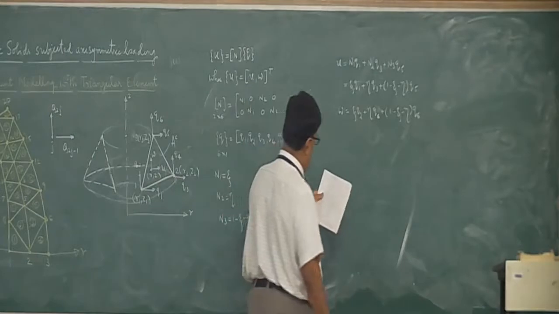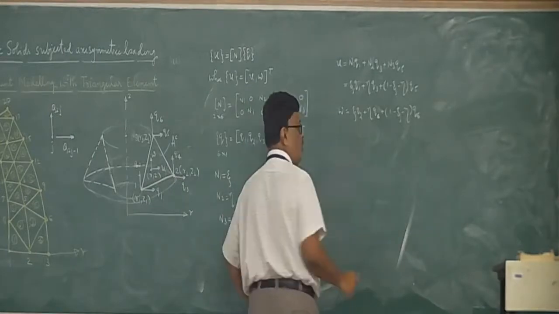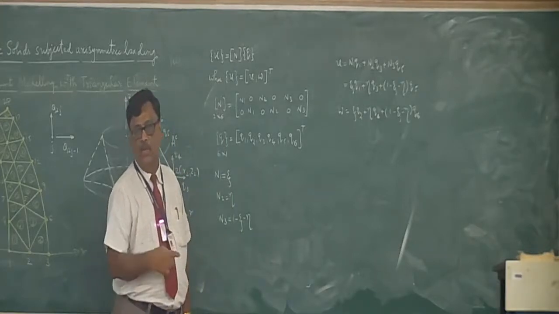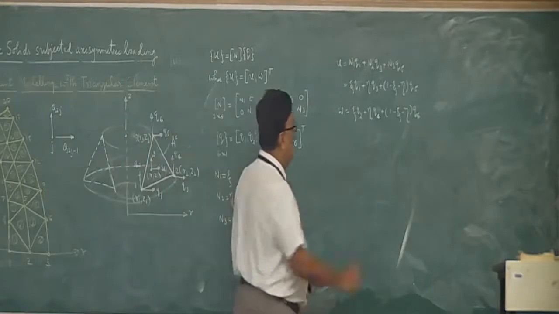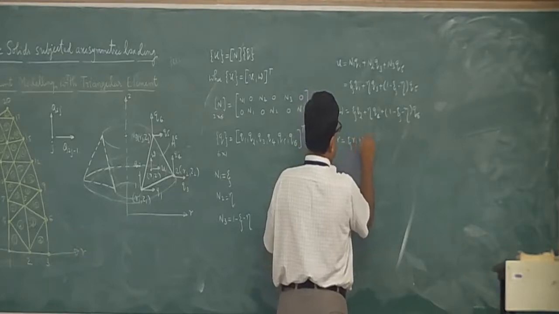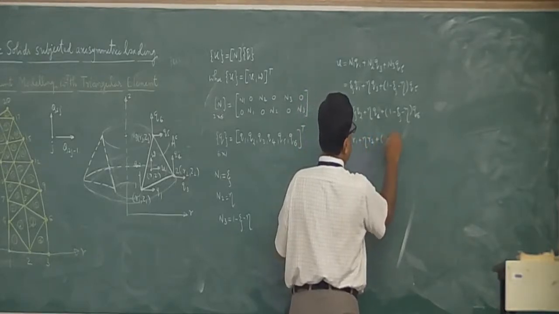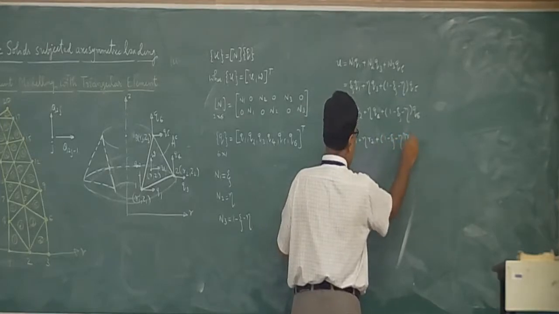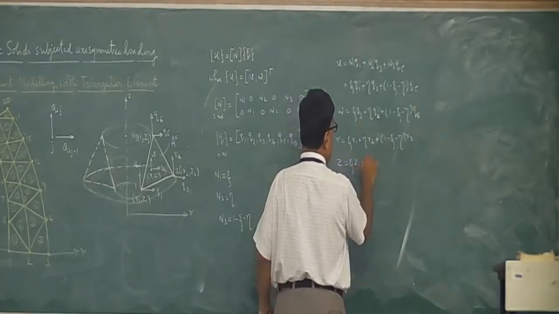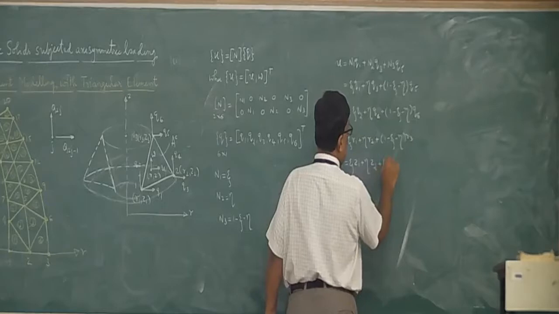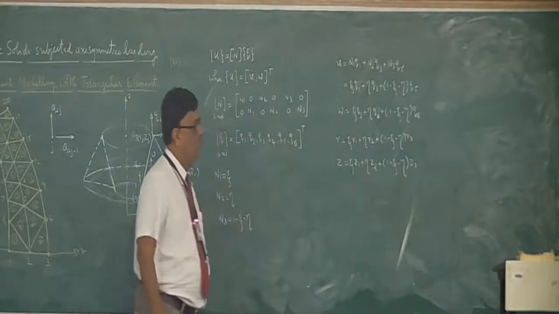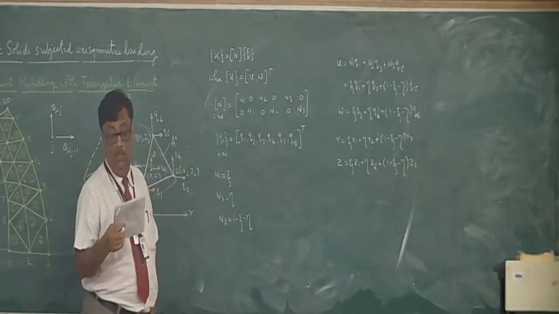Similar to x equal to N1 x1 plus N2 x2, that we used to write, since we are using the same isoparametric formulation, here also I can write R equal to N1 R1, that is zeta R1 plus eta R2 plus (1 minus zeta minus eta) R3. Similarly, the Z coordinate you can write as zeta Z1 plus eta Z2 plus (1 minus zeta minus eta) Z3. Because of the isoparametric formulation, I can just go on writing the same thing.